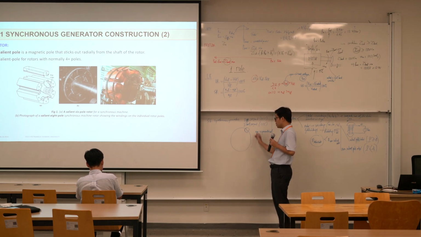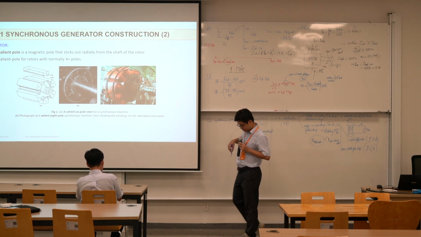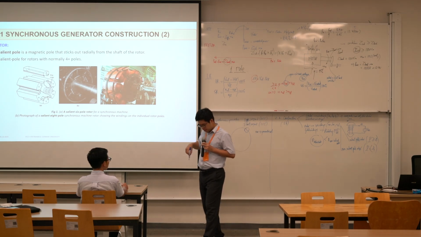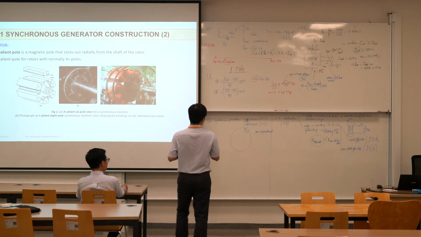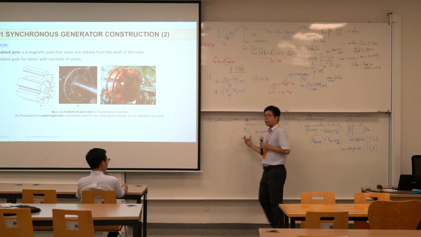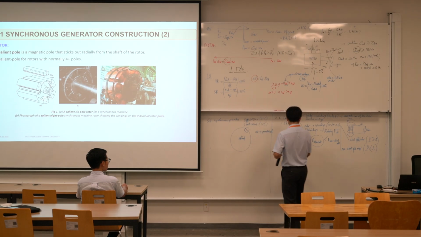And if the rotor rotates so fast, we have more radial force, and then the bearing cannot withstand, and sometimes burns out. Okay, so that is the reason for salient poles. The speed is low.